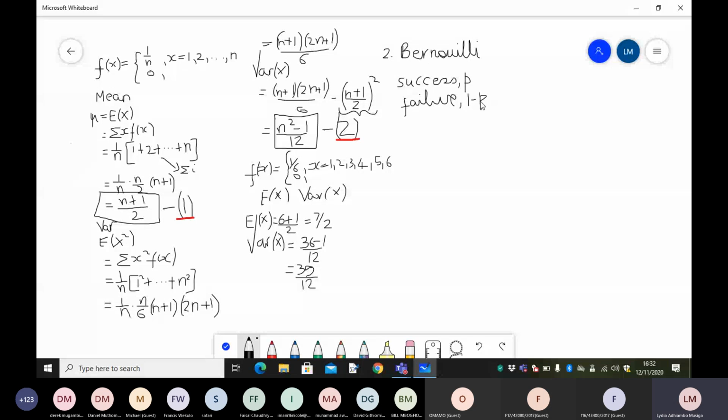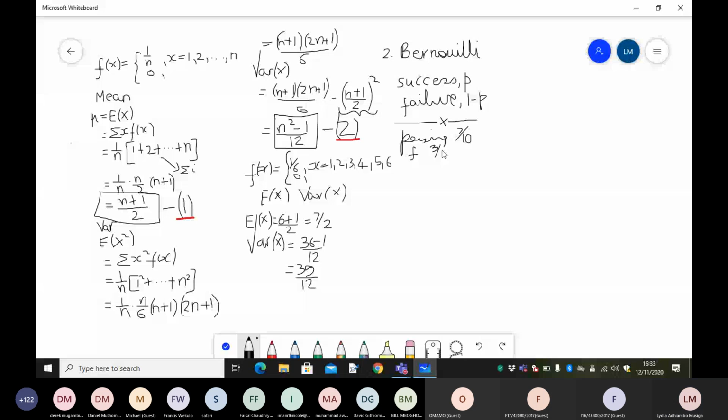For example, let's say that somebody does an exam, and passing is a success and failing is a failure. So let's say the probability of passing is 7 out of 10. Then failing will have a probability of 3 over 10.